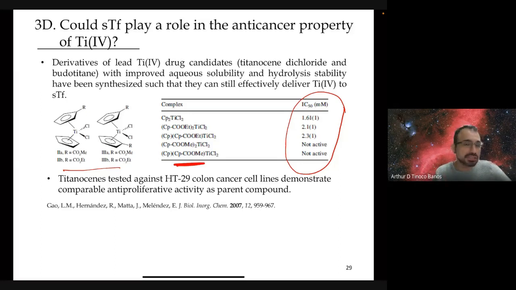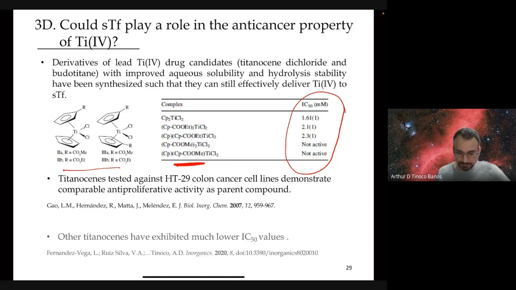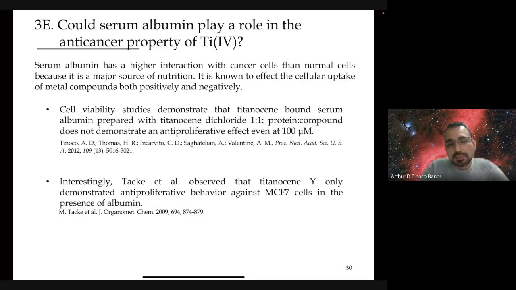These modifications did not improve the activity of the compounds, nor did they overcome their ability to interact with transferrin, which I believe has the opposite effect of what most people have previously proposed: it actually lowers the cytotoxic property of titanium instead of increasing it. So, at least from my perspective, serum transferrin is not necessarily tied into the potent activity of titanium against cells.